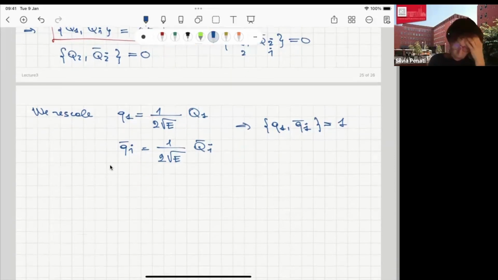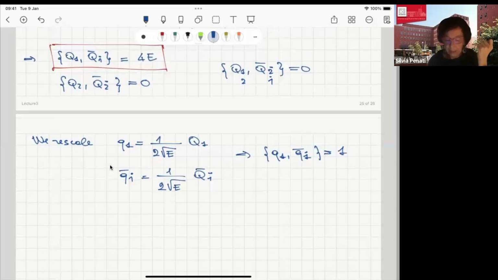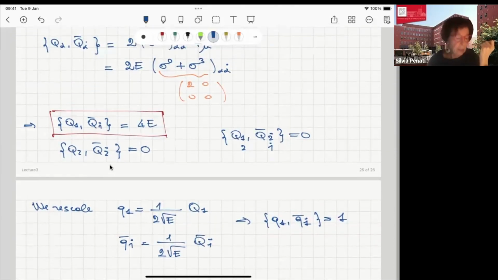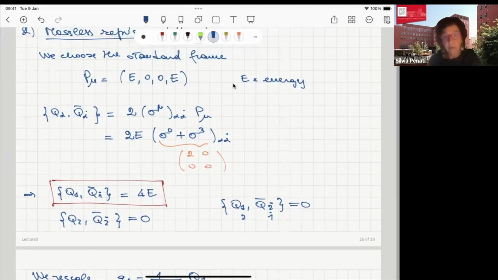Okay, now how do we label states in the massless case? Remember, for massless particles, we introduce quantum numbers that are the energy that we defined already here and the helicity.